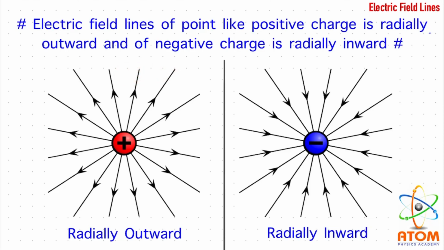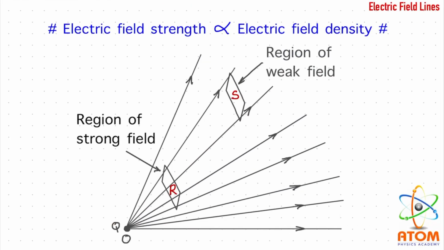It's obvious that the electric field strength will be more at this point than at this point. So, if the electric field lines are denser, then the electric field strength is more, and if the electric field lines are rarer, then the electric field strength is less. It is mentioned here that electric field strength is proportional to the electric field line density.